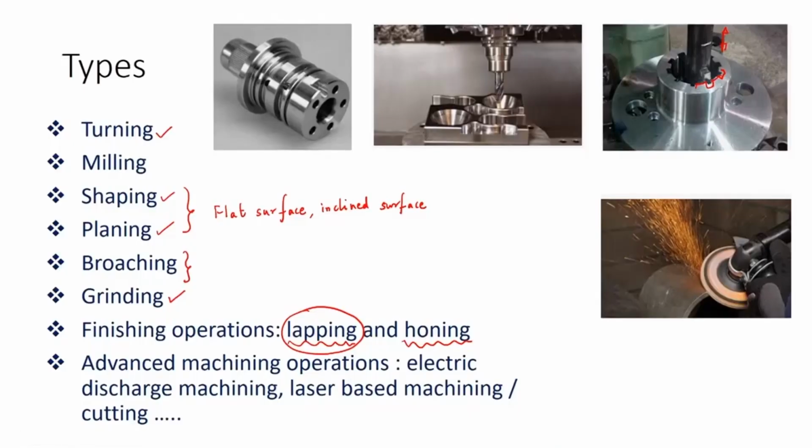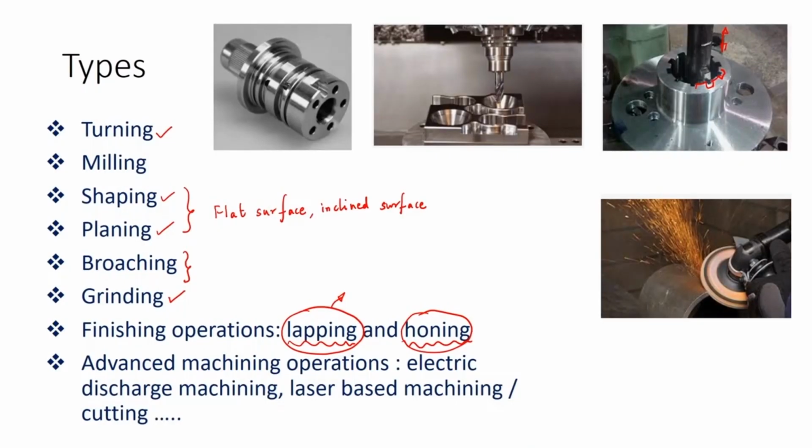When we are using loose abrasive particles for finishing operation, that is called the lapping operation, and when we are using the abrasive particles in the form of sticks, that we call the honing operation. The lapping and honing are finishing operations. In lapping and honing, the tools are in terms of fine particles or fine powder.